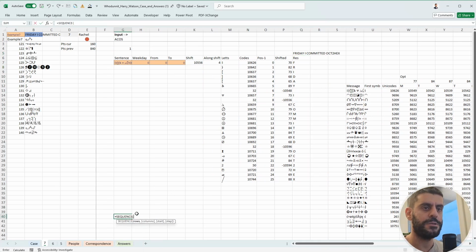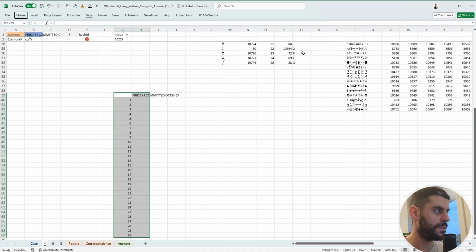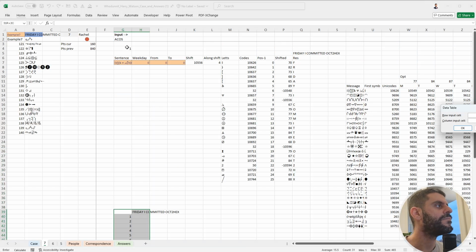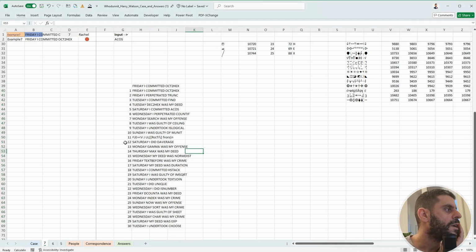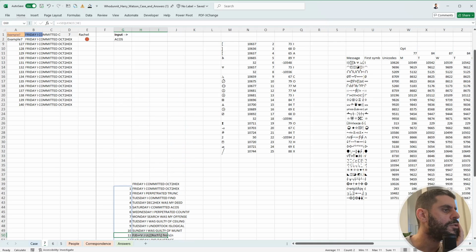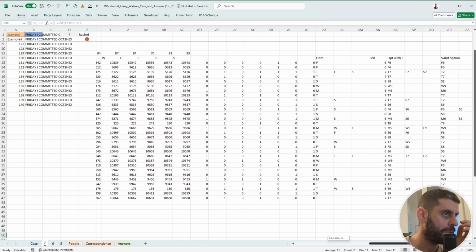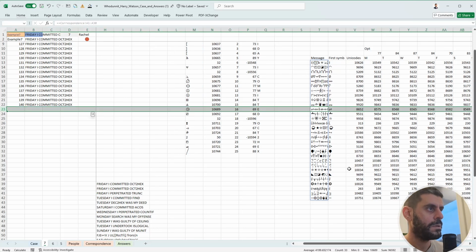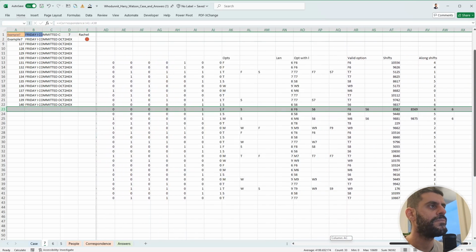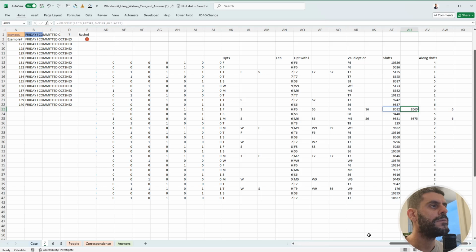So I can say sequence of 30. I can take this and I can scale it. Except this one, which is this. So probably 8, 5, 6, 9.